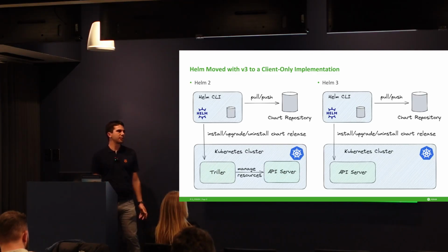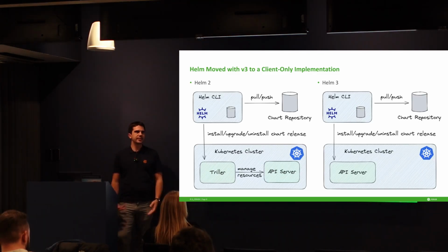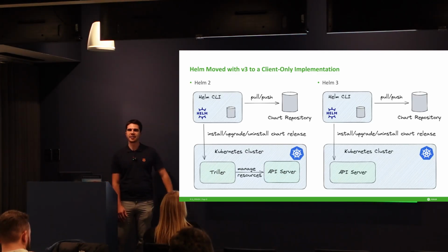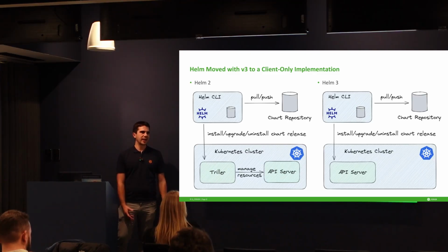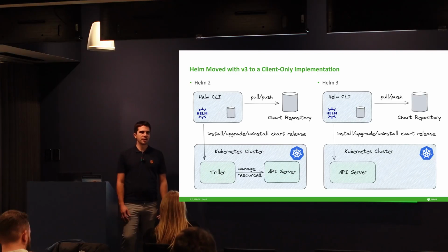So for once, it's really simpler, right? You don't have to deploy anything before you can use Helm. Everybody can just use it as a user. And second, it removed the security nightmare of Tiller. Because with Tiller, you had one component that was able to create namespaces, create any deployments it wanted in any namespace that you ever want something to deploy, and also to monitor all these things, delete it, right?